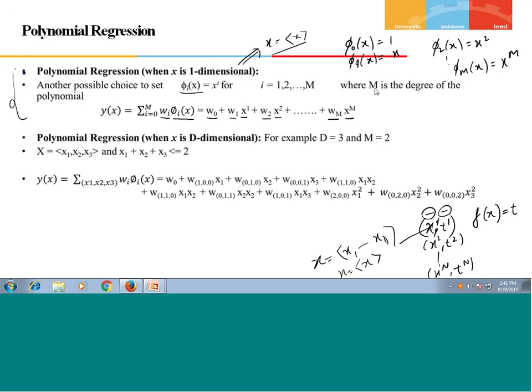There is a question again: sir, how is this choice of basis function decided? That's what I am discussing. This is a question of model selection, so please don't think too much about it right now. Try to understand what is exactly on the PPT.